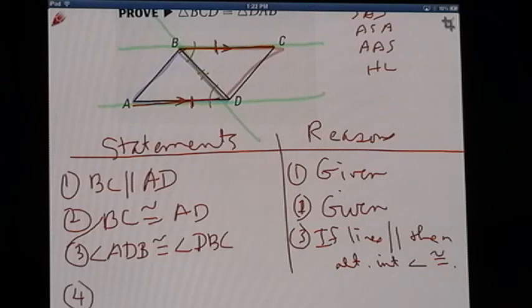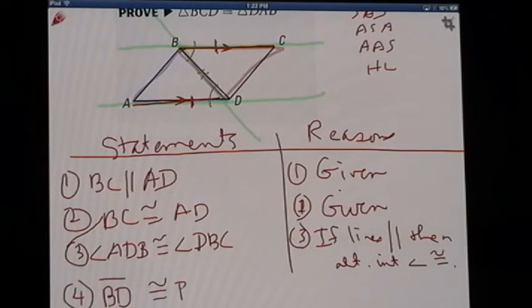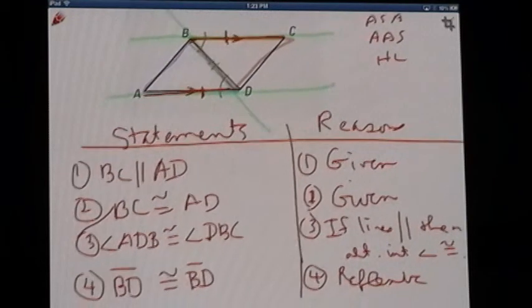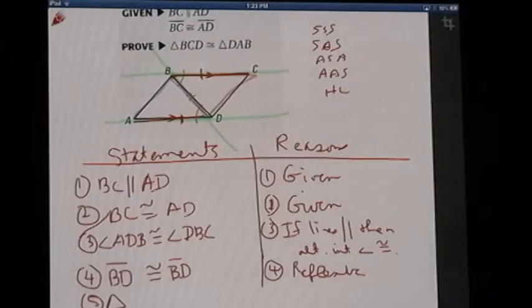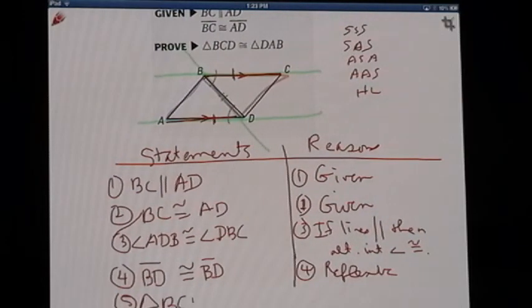Number 4, BD is congruent to BD because it can see itself in the mirror. It's reflexive. And then 5, triangle BCD is congruent to triangle DAB by side, angle, side.